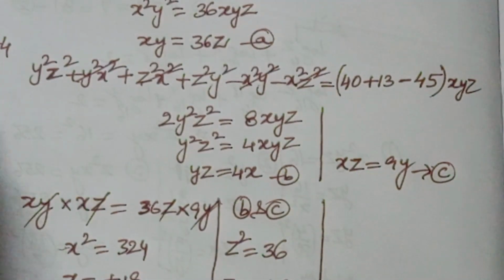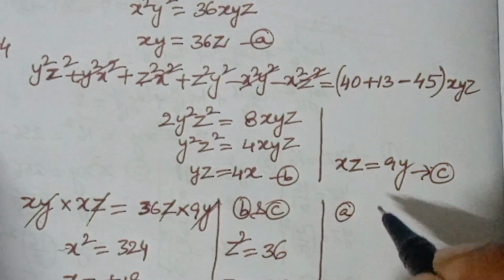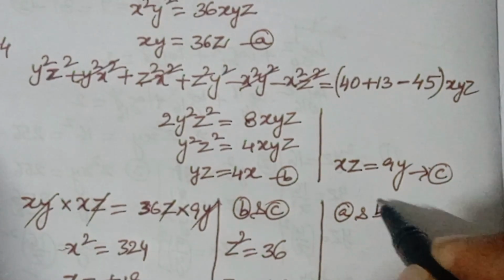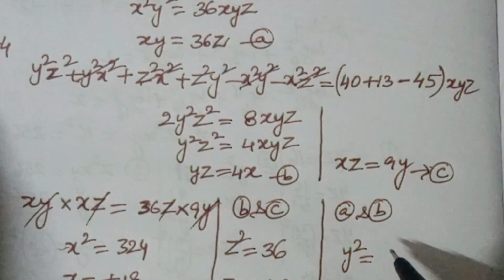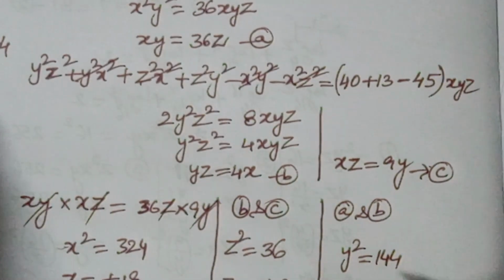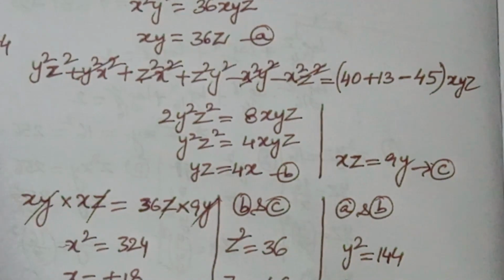Multiply a and b, and you will get y square equal to 144. y is equal to plus or minus 12.